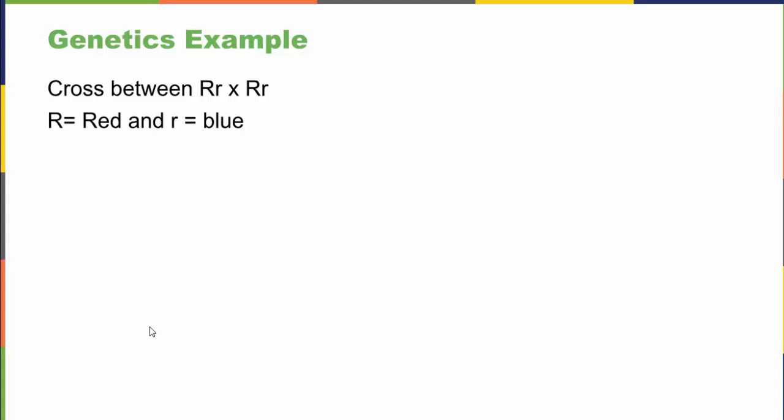Remember, with the abbreviations, you always take the first letter of the dominant allele, and the capital version represents the dominant allele. The lowercase version represents the recessive. So even though blue starts with a B, it is still represented with the letter r, just the lowercase r, because that's the recessive version of this gene.